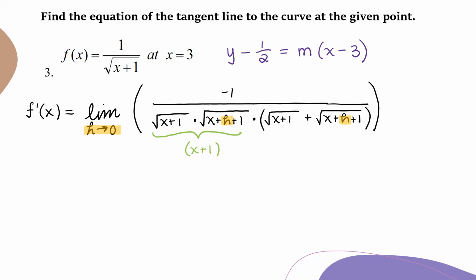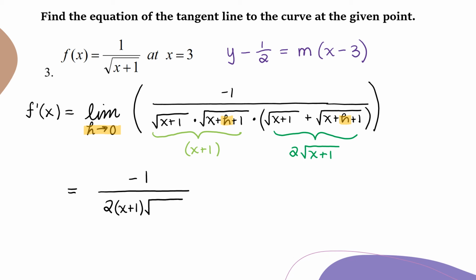And we have the square root of x plus 1 plus the square root of x plus 1, which will be 2 square root of x plus 1. So this is equal to negative 1 over x plus 1 times 2 root x plus 1. So that'll be 2 times x plus 1 times the square root of x plus 1.